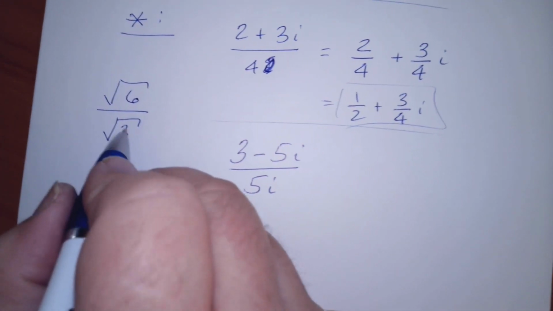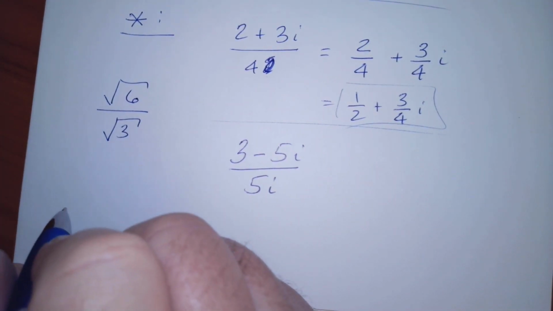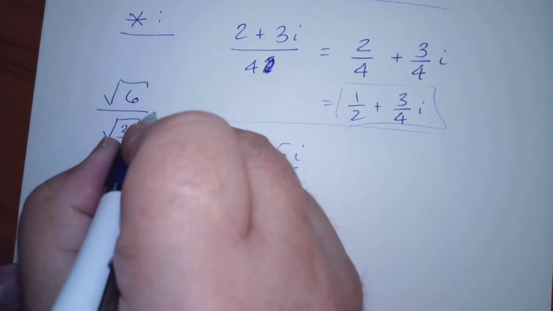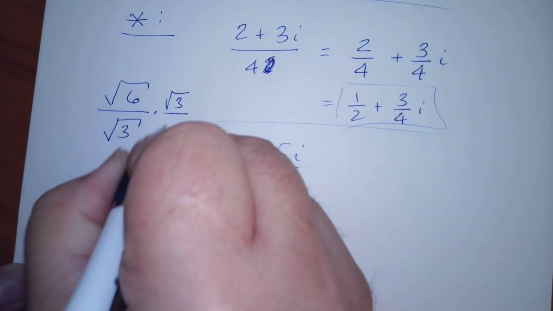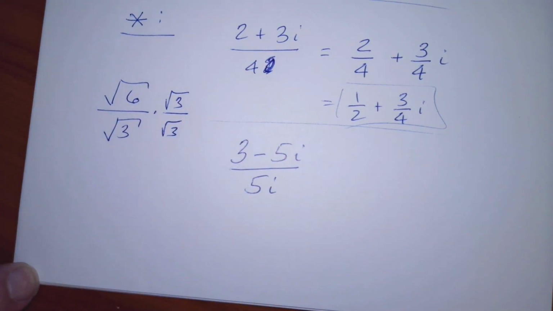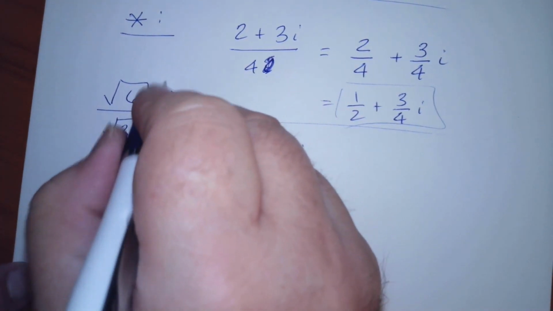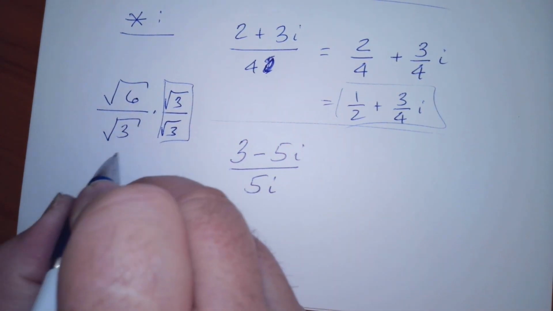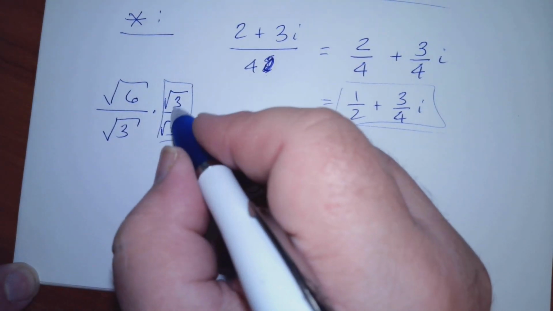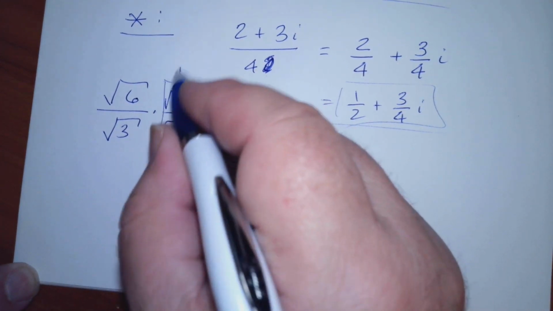You cannot have a square root on the bottom. So what we have to do is multiply the top and bottom by the square root, because radical 3 over radical 3 is only 1, so I'm just going to multiply by 1.